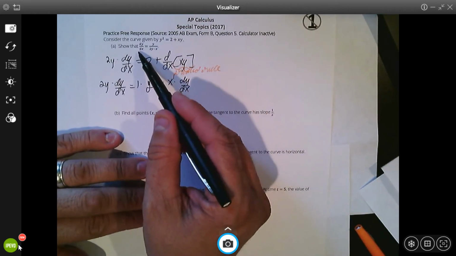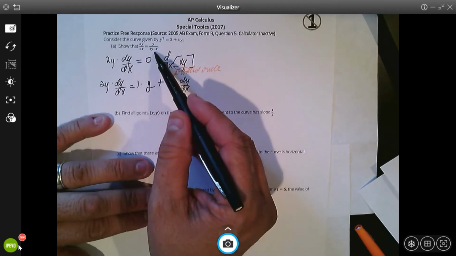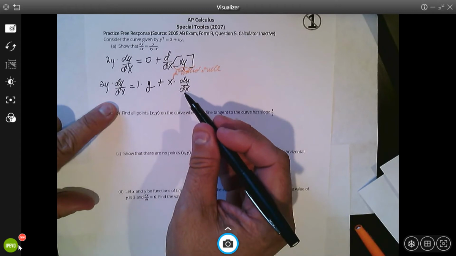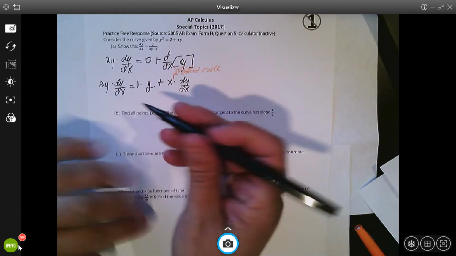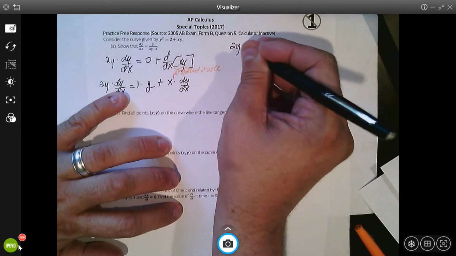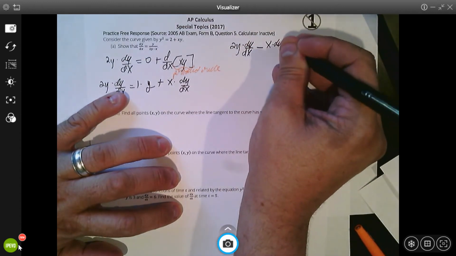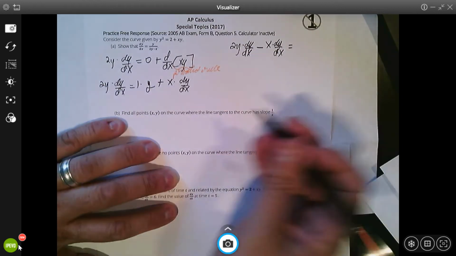My goal is to show dy/dx equals this expression over here. So I'm going to solve for dy/dx. What we did last time: terms that have dy/dx, move them onto the same side. So I'm going to say 2y times dy/dx minus x times dy/dx.